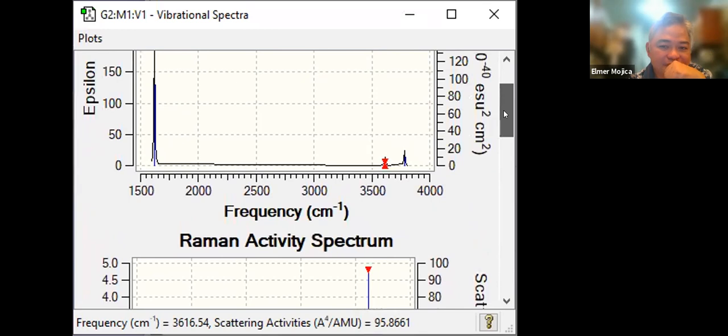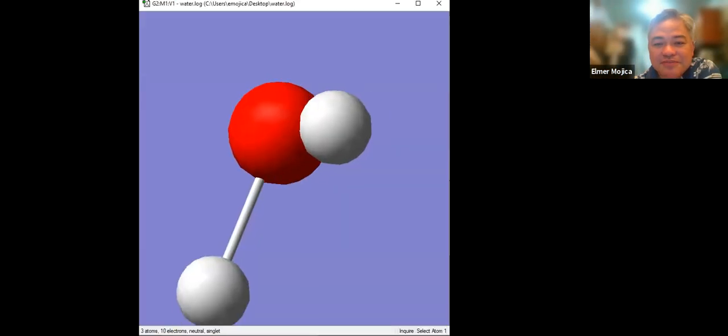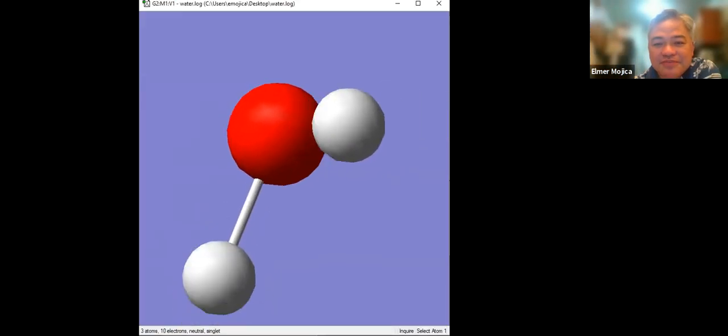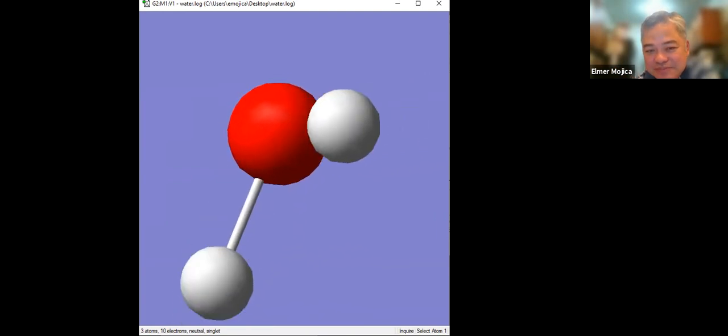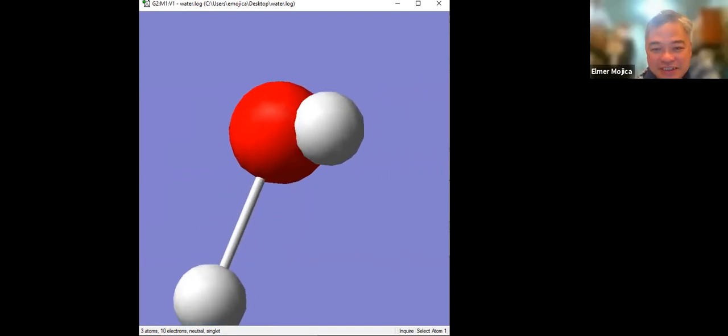Okay. Now, if I'm going to move to the other peak, tingnan nyo ano mangyayari doon sa molecule. Okay? Anong tawag dito sa movement na to? Asymmetrical stretching po. Asymmetrical stretching.